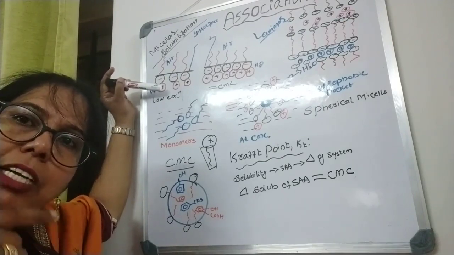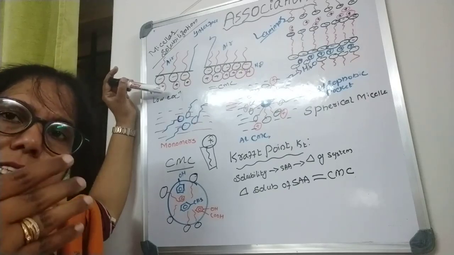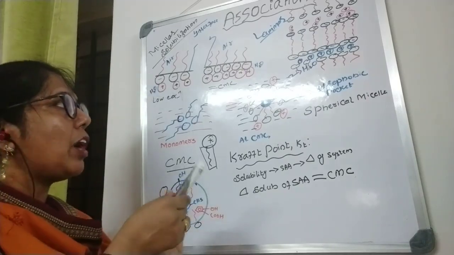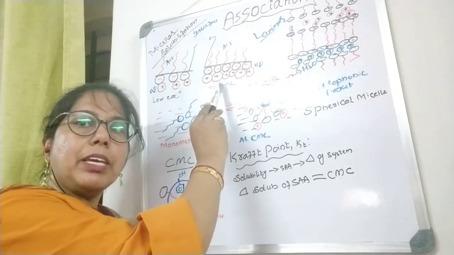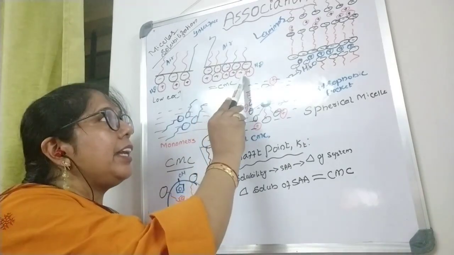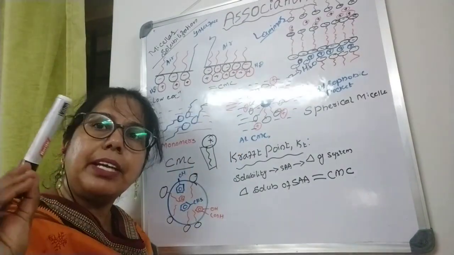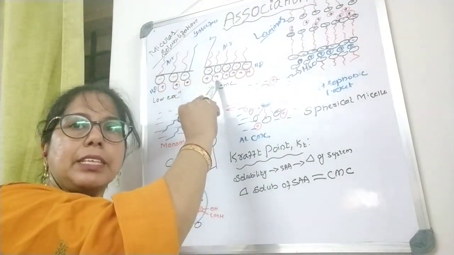Later on, as I keep increasing the concentration of surface active agent, it will form a concentrated layer, a saturated layer of monomers along with the particles.